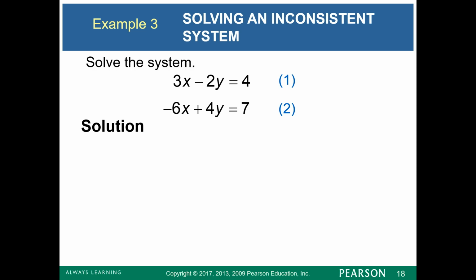So now look here. If you want to solve this system, solve the system 3x minus 2y equal to 4 and negative 6x plus 4y equal to 7.